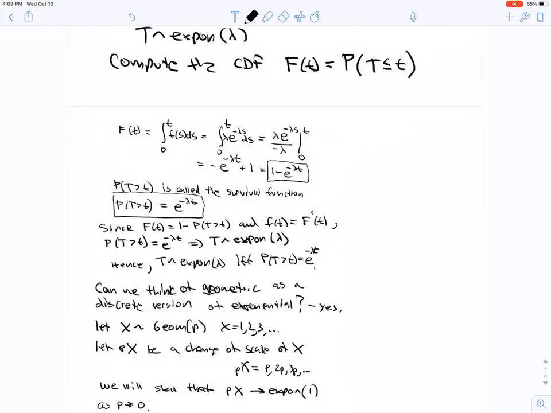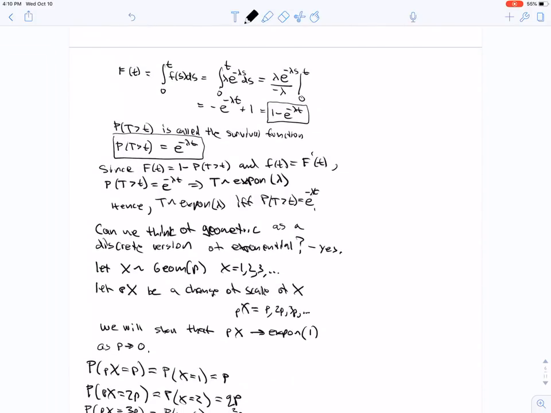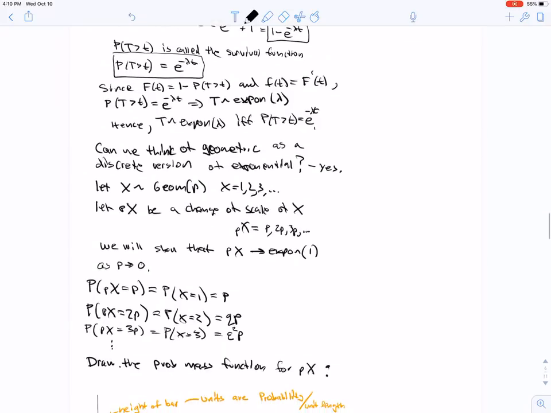And the probability that t is greater than t is 1 minus the CDF, which is just e to the minus lambda t. So this characterizes the exponential, just like the survival function characterizes geometric. So we say that t is exponential if and only if the probability of t greater than t is e to the minus lambda t.